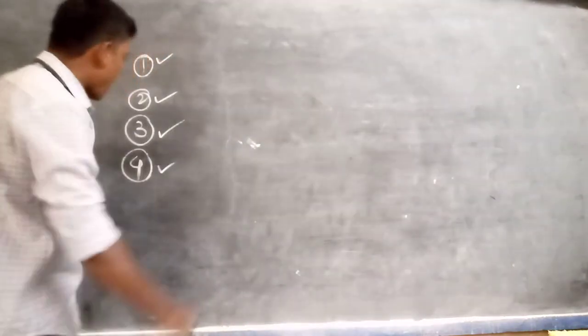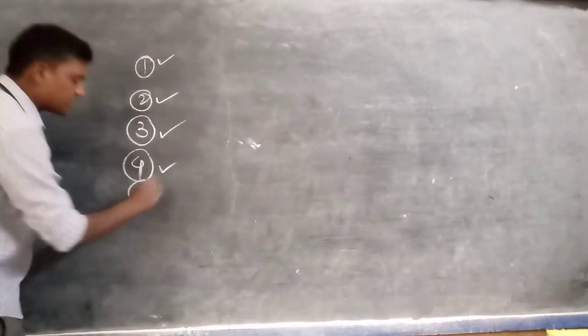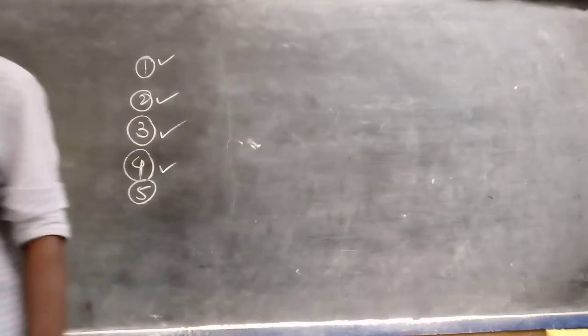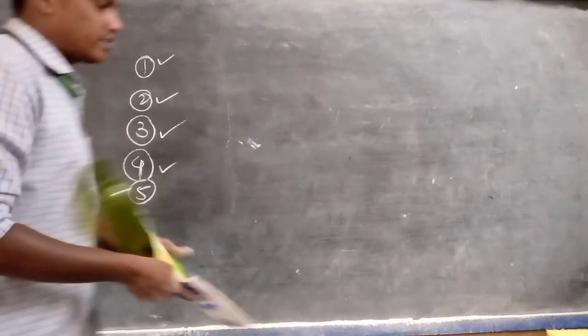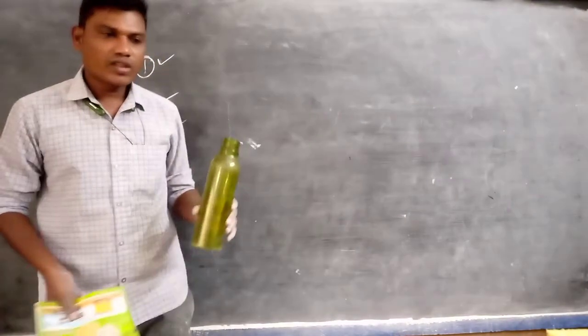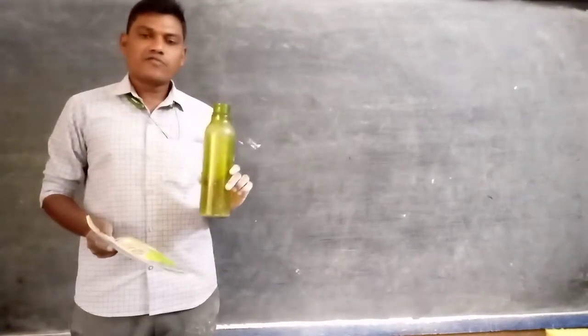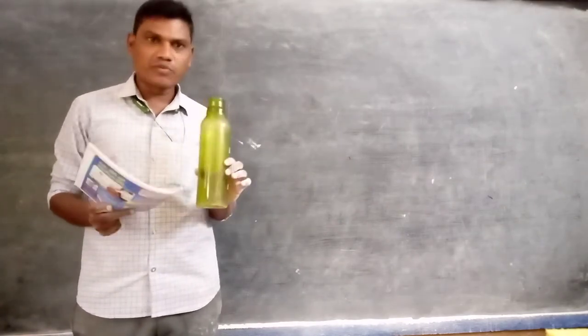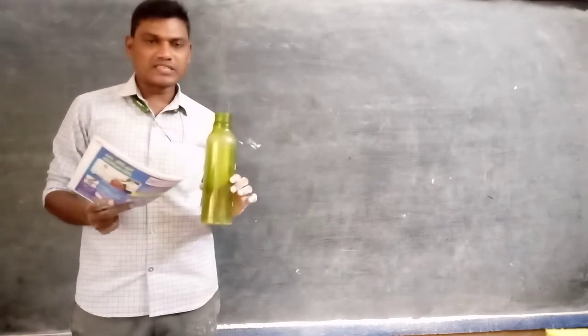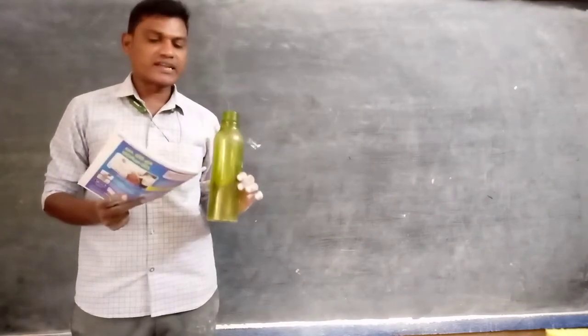And I will do one experiment also this time. Here you are observing. For proving inertia of rest, it is one of the best examples. Practically you are observing, so I will prove it practically this time.